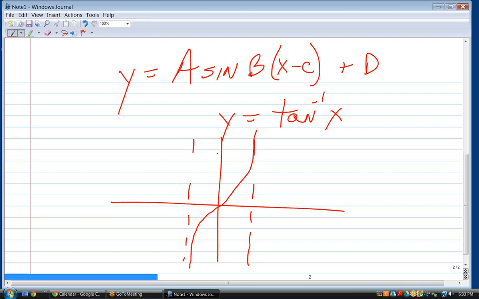So if I'm going to create the inverse of this, I have to reflect that about the line y equals x, and I will have my inverse graph. And it will look something like that.